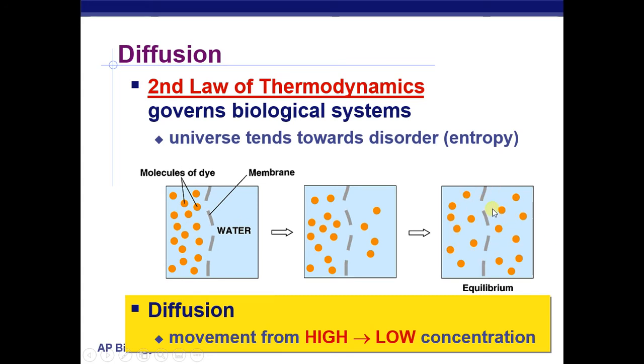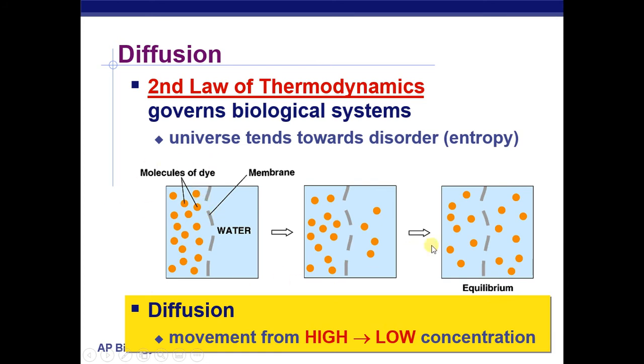And this idea is called diffusion, or the idea that because of these random collisions, substances will tend to move or spread out from areas of high concentration to areas where they're less concentrated.